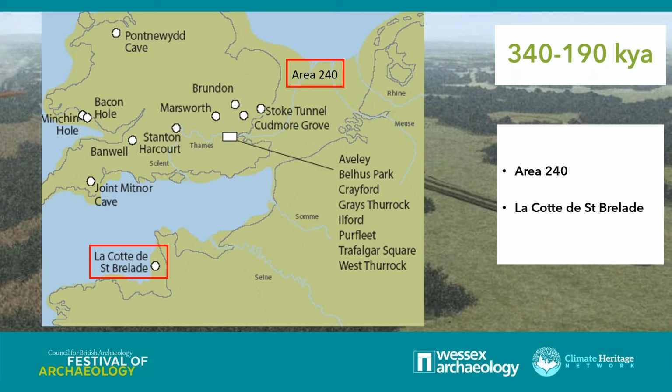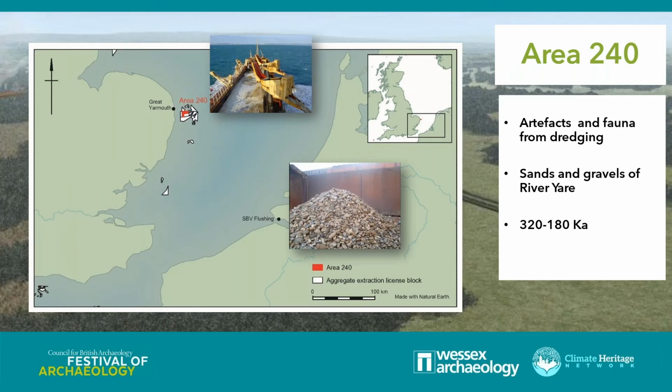Area 240, which I'll talk about in a minute, is actually located offshore. In the case of La Cotte de St Brelade, this is a site located today on the island of Jersey, but the archaeology from which tells you an immense amount about the now drowned offshore landscapes of the English Channel.